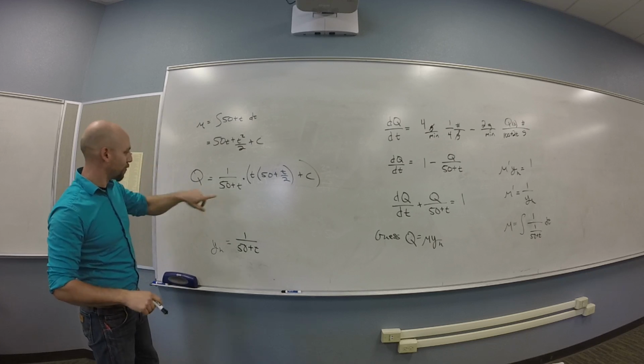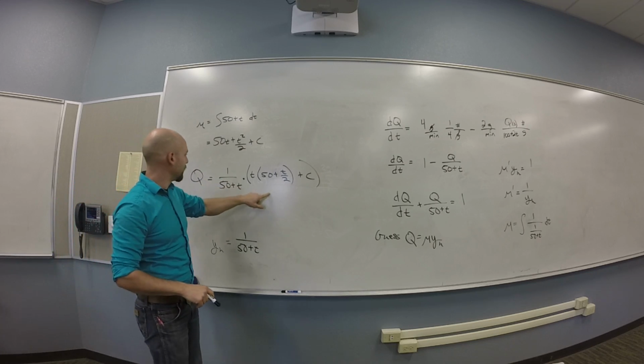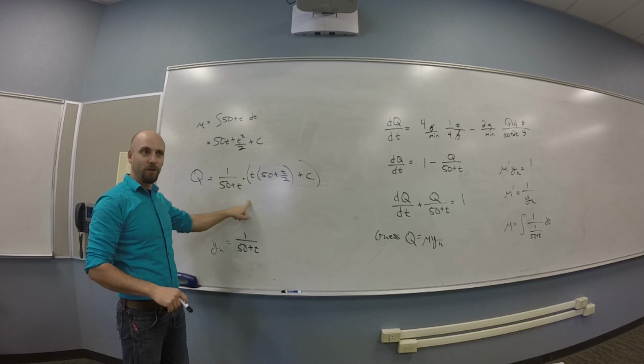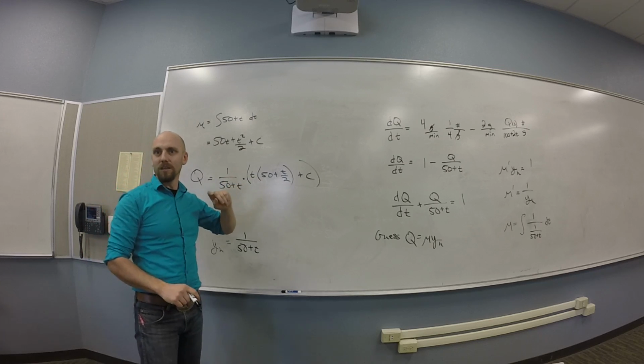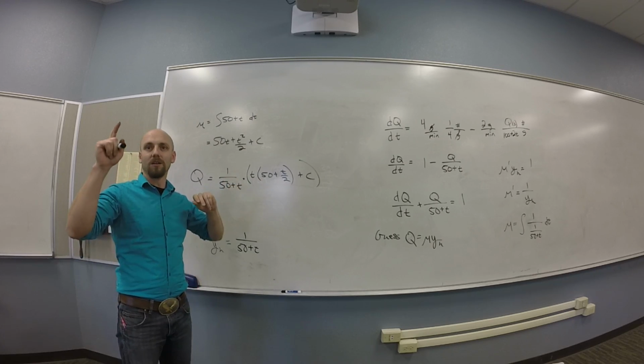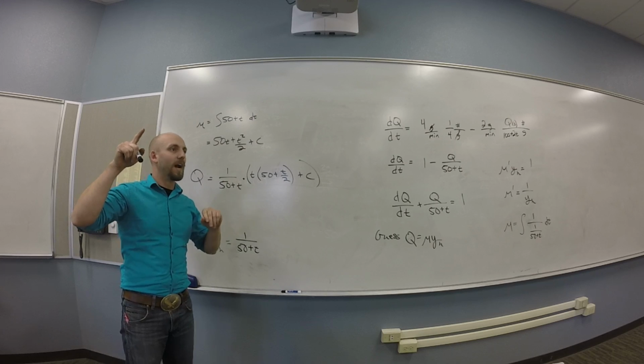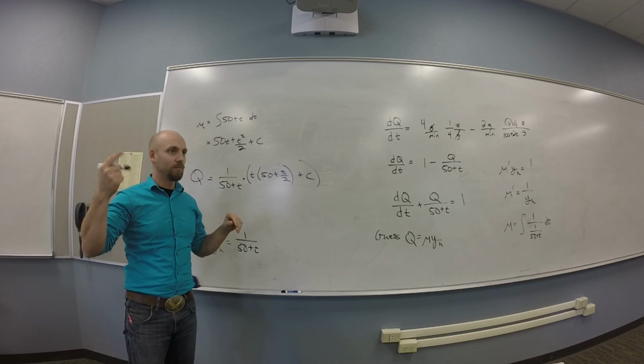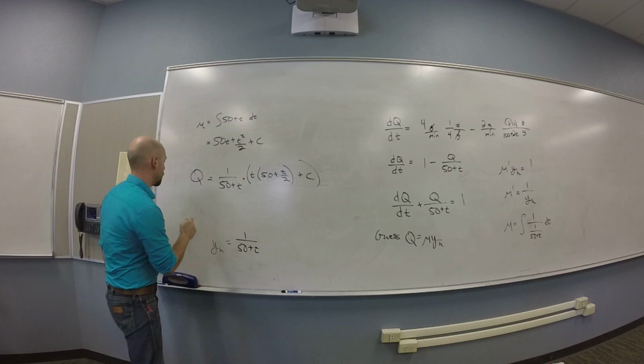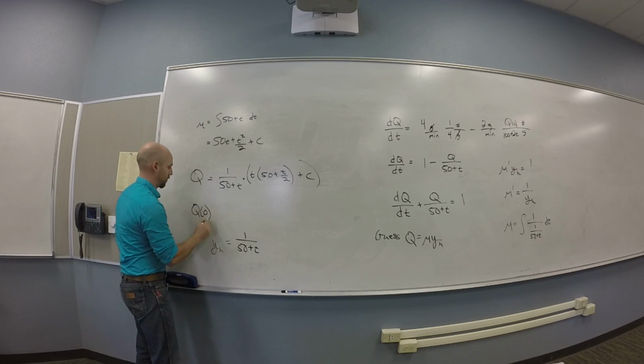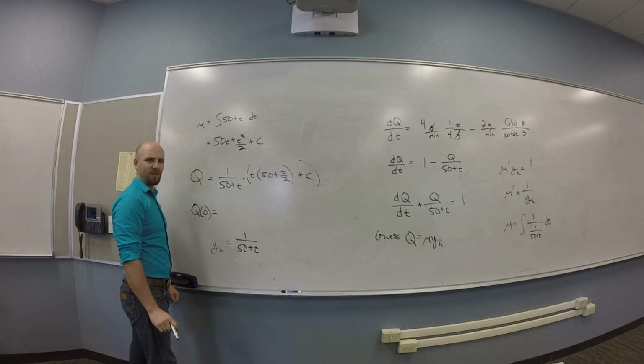I erased my initial problem. What do I need to do here? So now I found q, right? Should plug in t equals 0 and try to get your initial. Yeah, I need to make this fit the initial condition, right? Because so far I haven't used that information. So what was q of 0 supposed to be? 20 pounds.